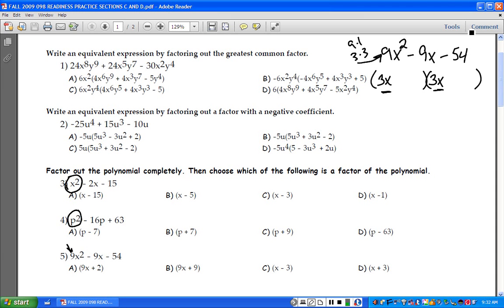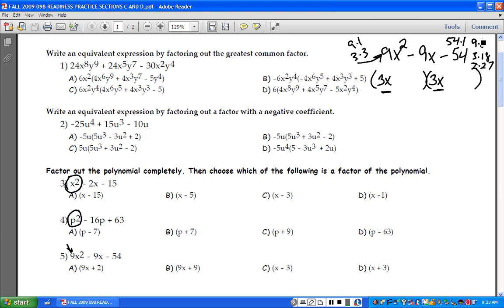Well, one of our most common ways of getting 54 we know is 9 times 6. But we also know it's 3 times 18, 2 times 27, and always 54 times 1. Anything times 1 is itself.